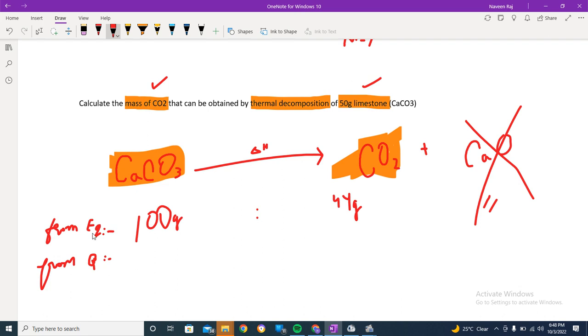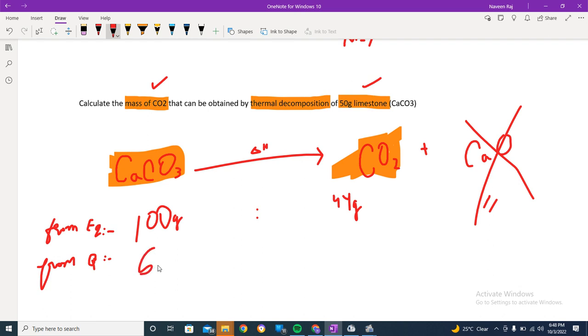If it is asking for carbon, you need to write the atomic mass of carbon. These are compounds, so we are writing the molecular formulas, right? So from the question, what do we get? From the equation we have got this. From the question, we know about the limestone. We have got 50 grams.